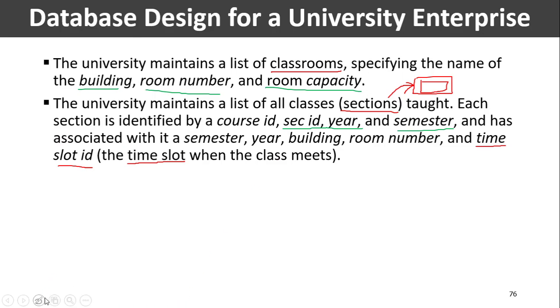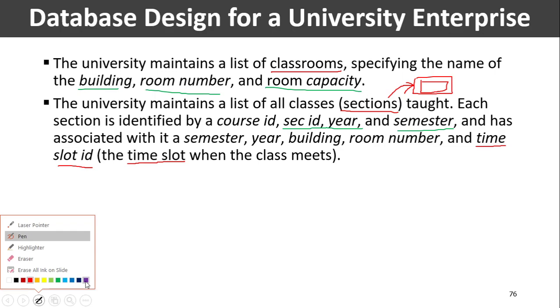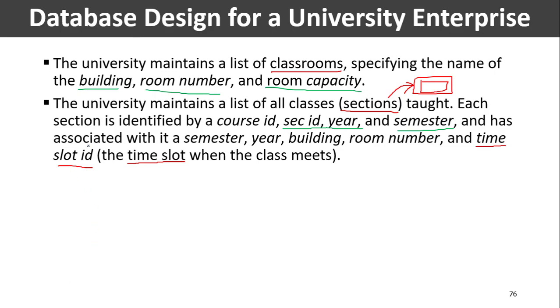So we may think of this association once again between the section and the time slot entity sets as one of the relationships. So we may identify that here could be one relationship between sections and time slot.